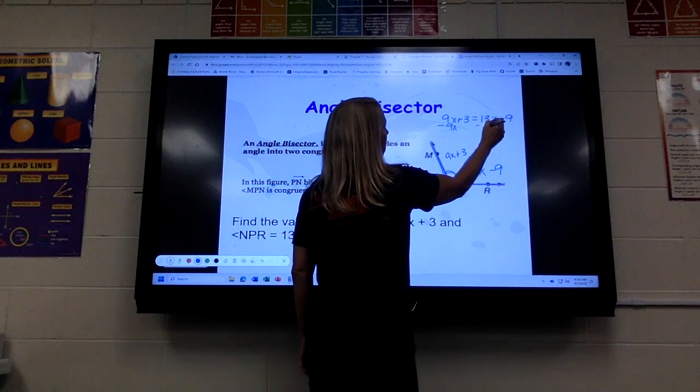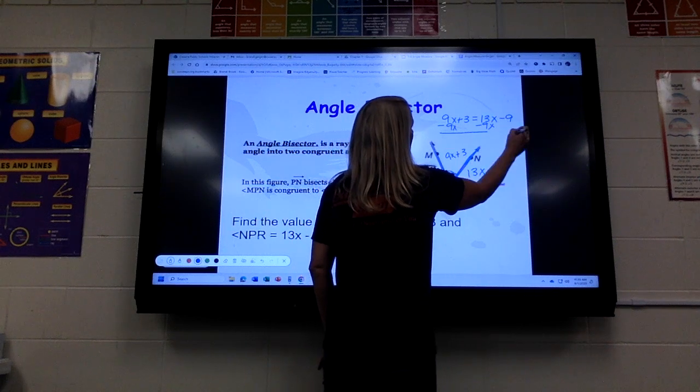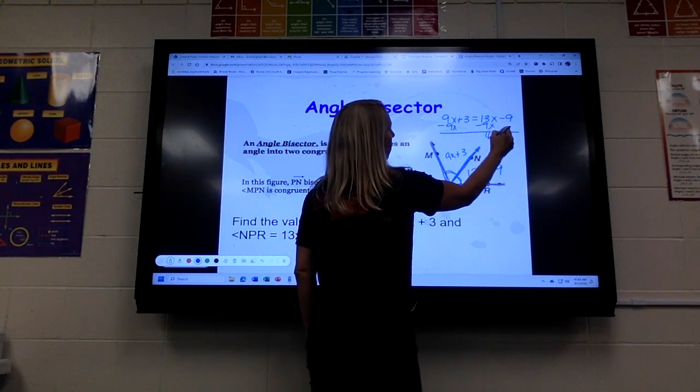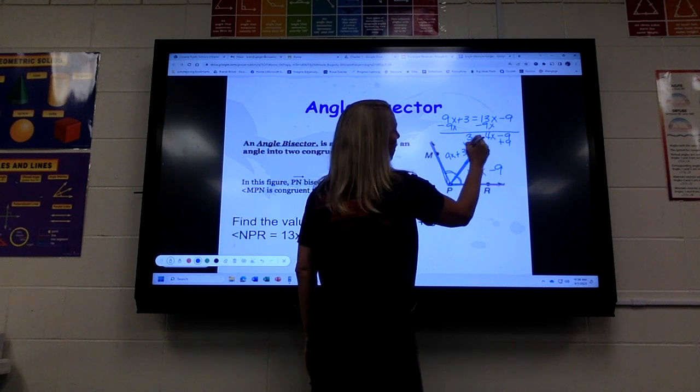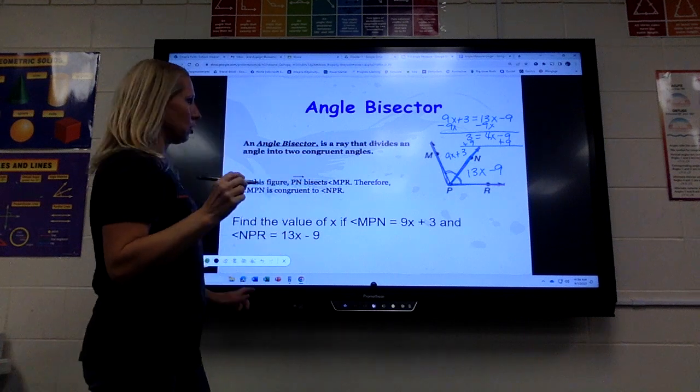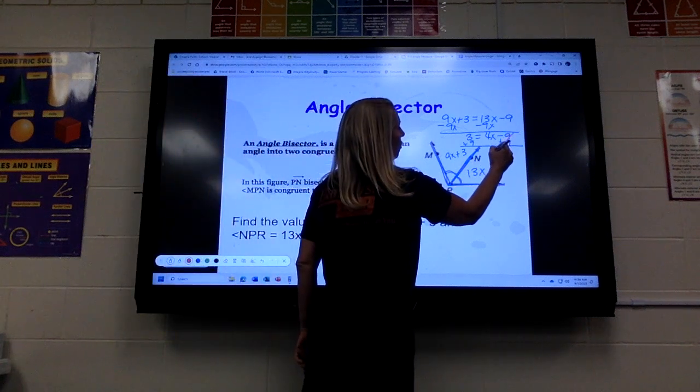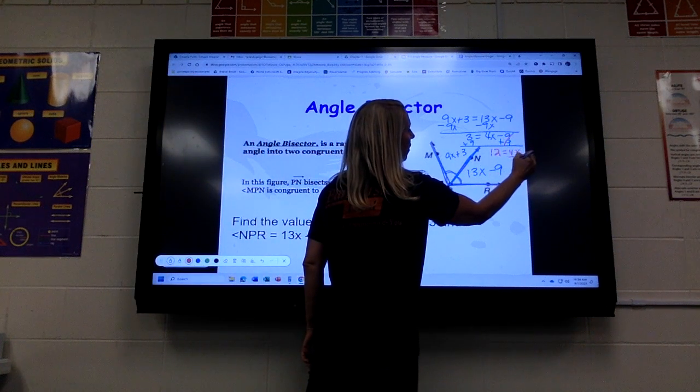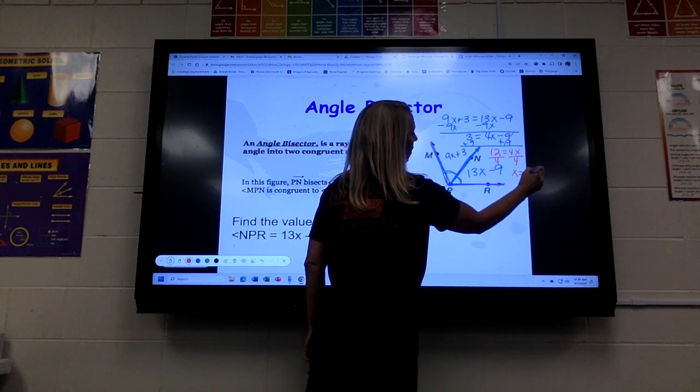Minus 9x, 4x minus 9 equals 3, add 9. I'm running out of room. I'm going to change color so you can see it better. So 12 equals 4x, divide by 4, x would equal 3.